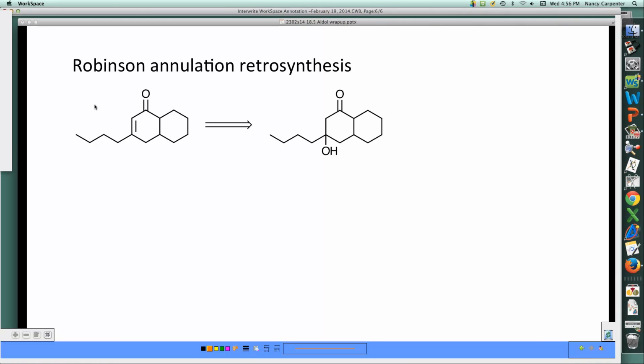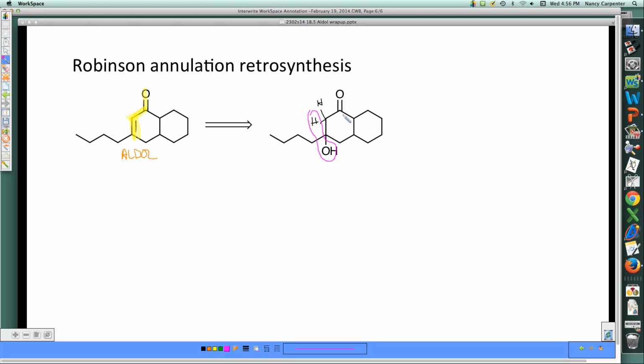We know that it's this alpha-beta unsaturated skeleton that is telling us aldol. And sure enough, if we would just dehydrate across these two carbons, we'll get that double bond.